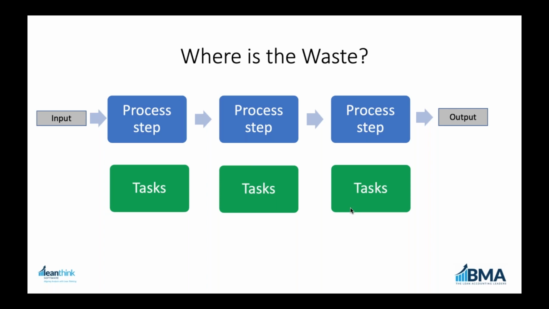So the idea here is to understand that waste can manifest itself in anything here. It can be the entire process step. It can be one or more of the tasks within the process step. It could be between process steps. It could be at the beginning, the input, the data accounting is receiving is incorrect, or it can be the output.